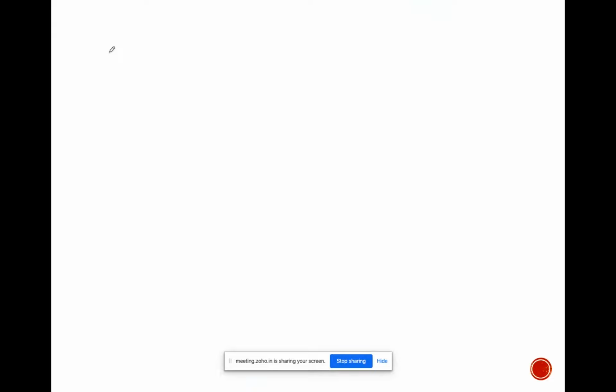Now we will go into deep detail. Convolutional is a process of feature map generation, feature extraction from an image.